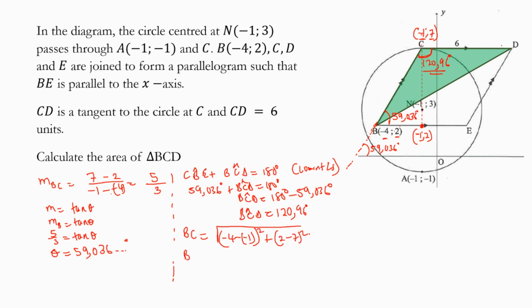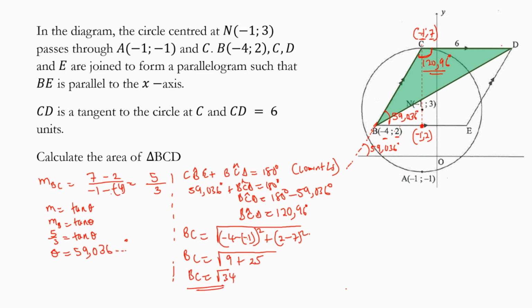So -4 plus 1 is -3, -3 squared is 9, plus 2 minus 7 is -5, -5 squared is 25. So BC is equal to the square root of 34.